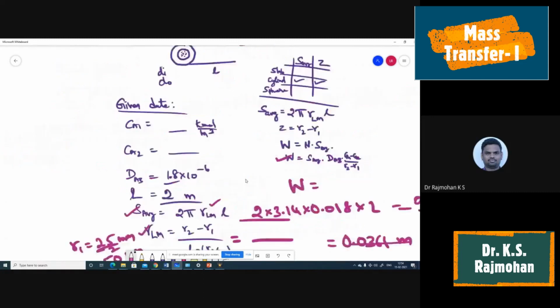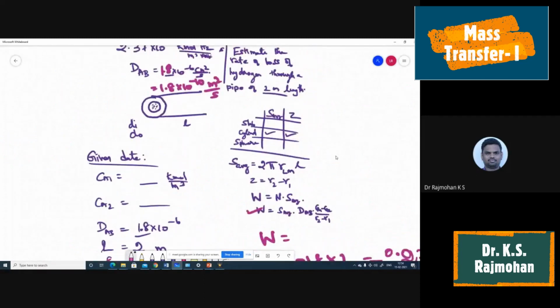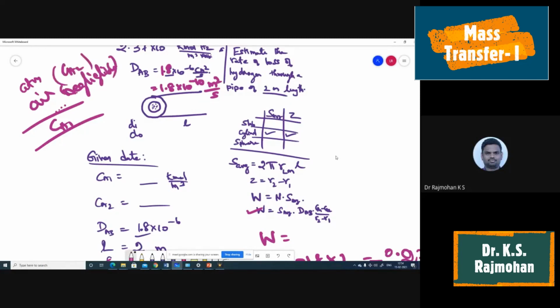What is CA2? First that you have to decide. We have something inside the tube. Concentration is CA1 and outside it is atmospheric air. So CA2 is negligible. People will ask me why negligible.